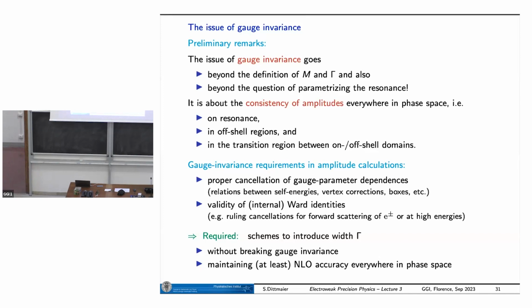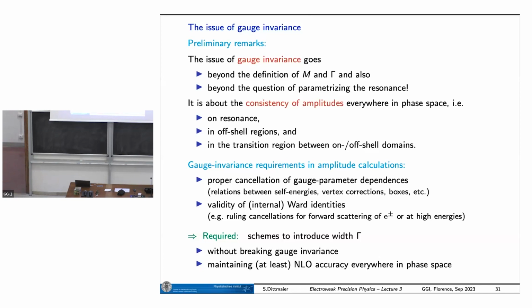So it's about the consistency to calculate amplitudes basically everywhere in phase space: on resonance, in off-shell regions, and also in the transition regions between on and off-shell regions where you see the resonance just coming up.